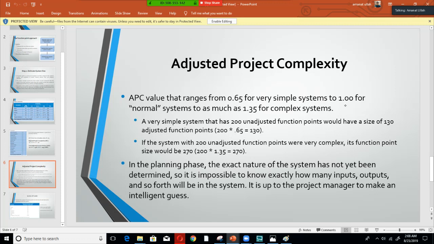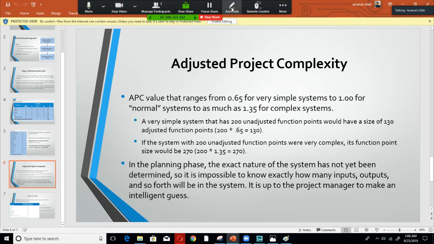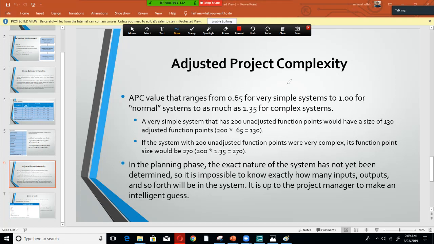Let me annotate it. So if our project is simple, we use 0.65. If our system is medium or normal, we use this value, and if we have a large or a complex system, then we use 1.35.